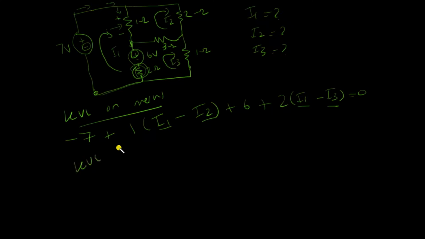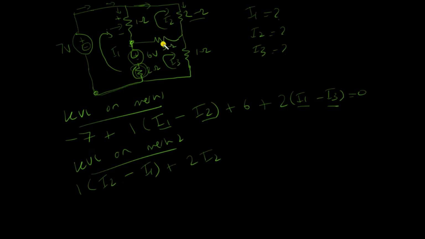And now I'll just move on to the second mesh, and I'll start off from this point, and I encounter the 1 ohm resistor, which is an intersection between mesh 2 and mesh 1. So the mesh I am dealing with, I2, minus the other mesh in the intersection. So then I just move clockwise here and I come down here, and this is no intersection. The current is I2 in this resistor clearly, because this is not an intersection.